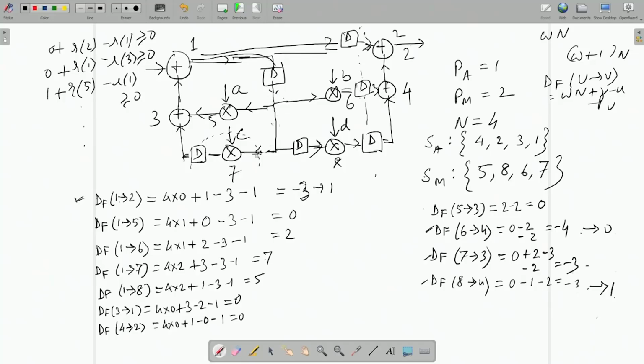This edge earlier had 2 delays. Which edge? 1 to 7. 1 to 8 earlier had 2 delays, now also 2 delays, no problem. But 1 to 7 had 2 delays, and one of them has now moved up. So, for 1 to 7, one delay has come down, which means whatever is the value, 4 will get subtracted.